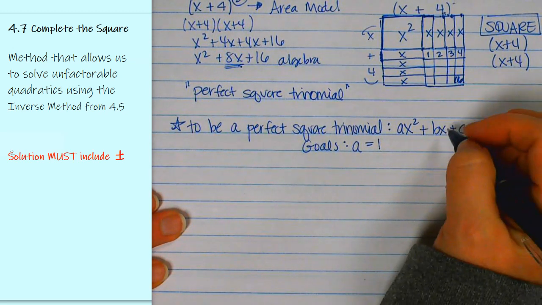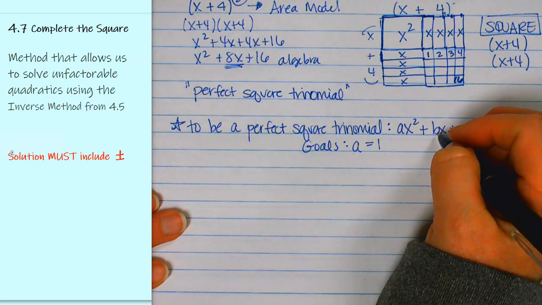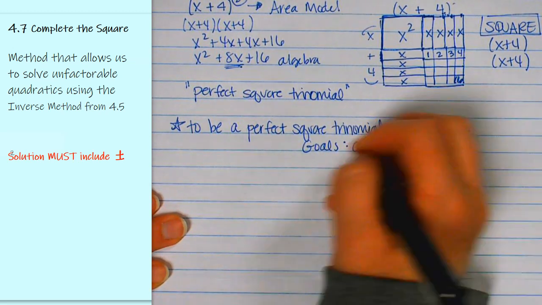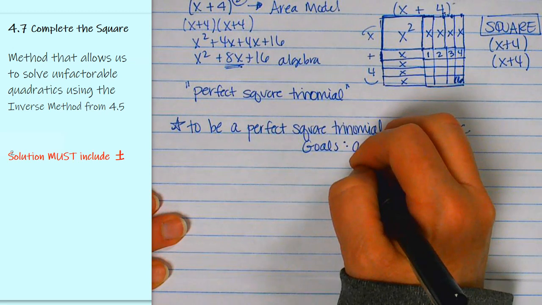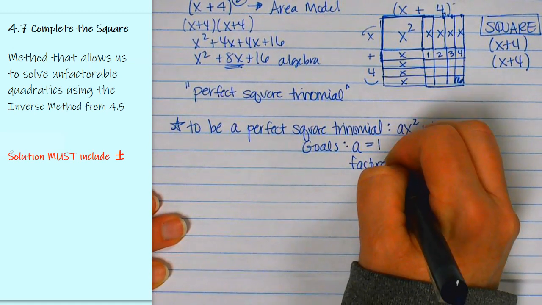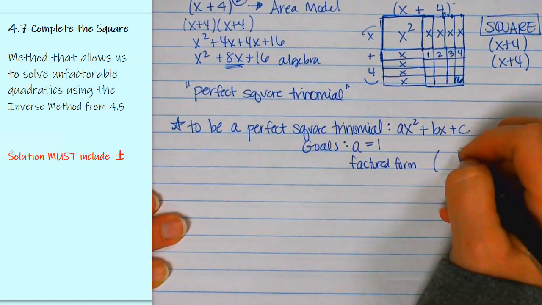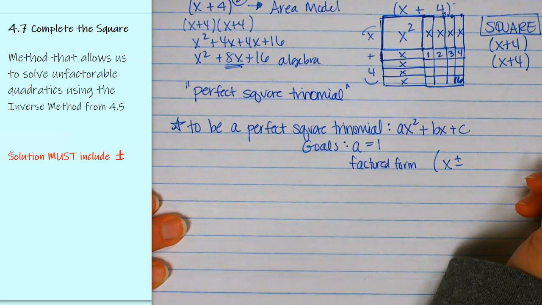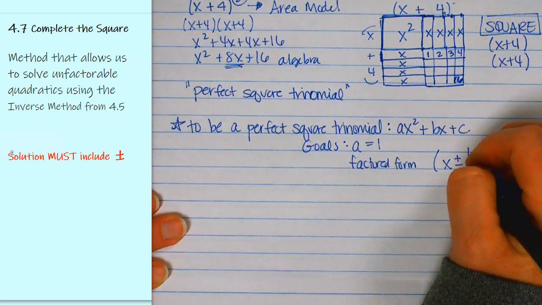Second thing, we need our b in the factored version. So when we go to factor it, goals, a equals 1. Goal number 2 is going to be that the factored form includes x plus or minus, I don't know, it depends on what b is, b over 2.